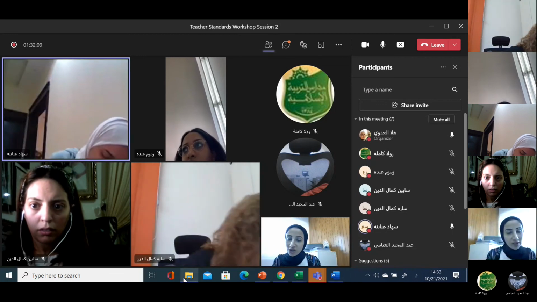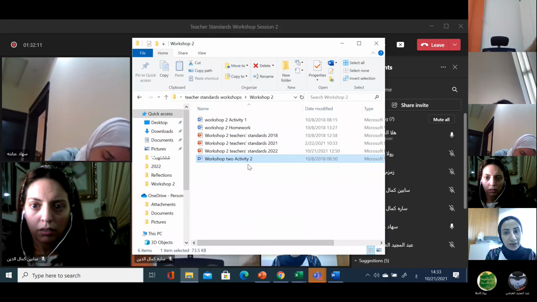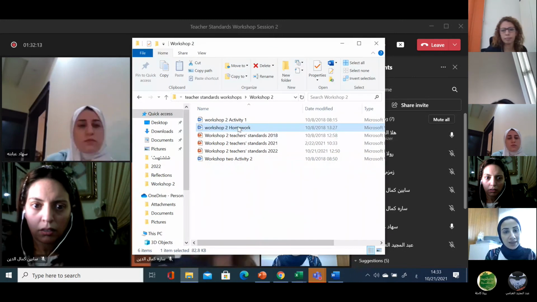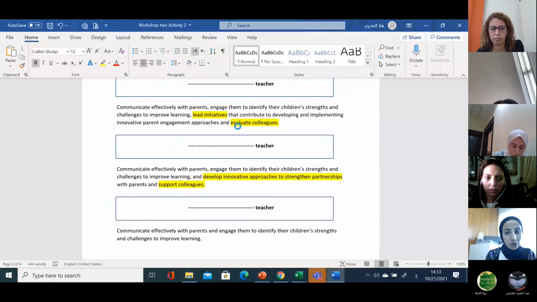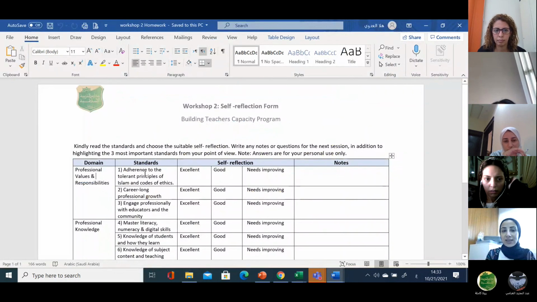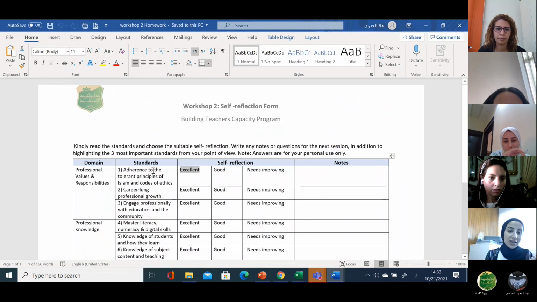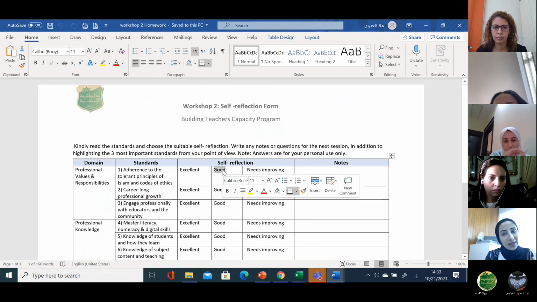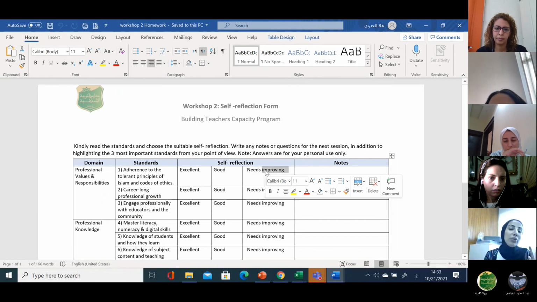For your second question, you will ask me how to fill in the self-reflection. I'm going to show you the document. See here? You have the domain, the standard. You will tell me, are you excellent in implementing this standard? Are you good in implementing this standard? Or you need improving in this standard?